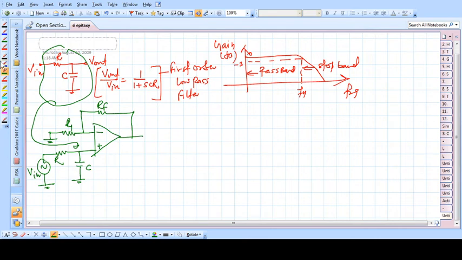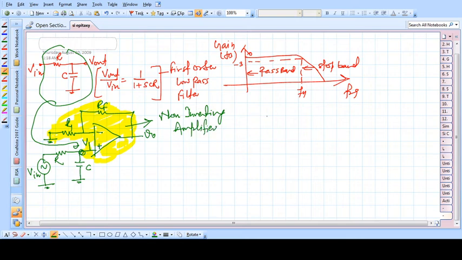If we just look at this portion only, the V output, and now I am saying this one is V1, this is nothing but simply your non-inverting amplifier.